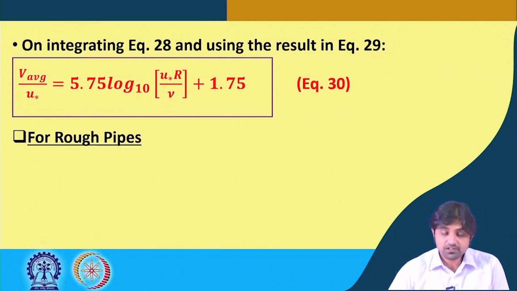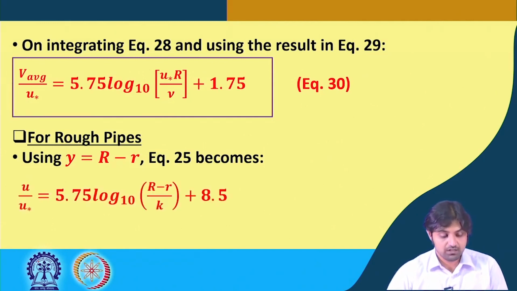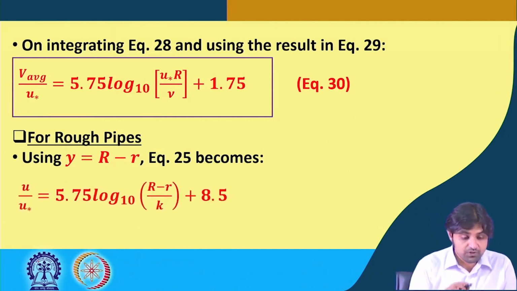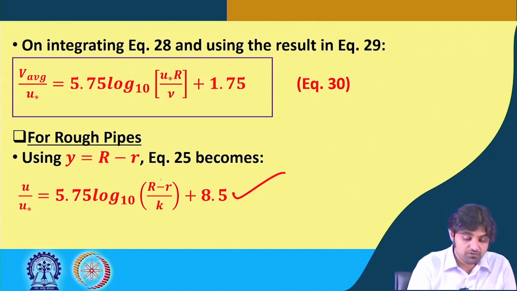Now, for rough pipes, similarly we will use the equation that we have got for the rough pipes. We still use the same y, capital R minus small r, because we are calculating the distance from the wall. We have this equation that we derived, equation number 25. So, instead of y by k, we have capital R minus small r by k.